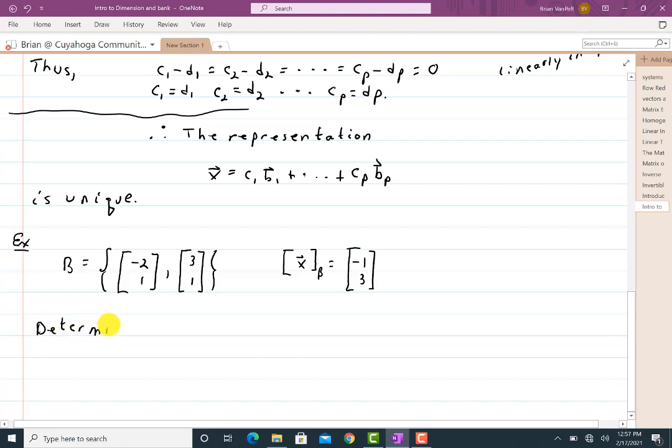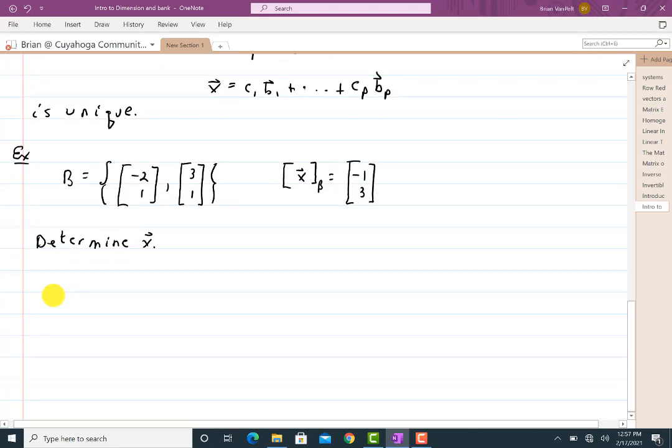Determine X. Well, this is not such a big deal here. When we write X sub B equals -1, 3, this is telling me that X itself equals -1 times B1 plus 3 times B2.